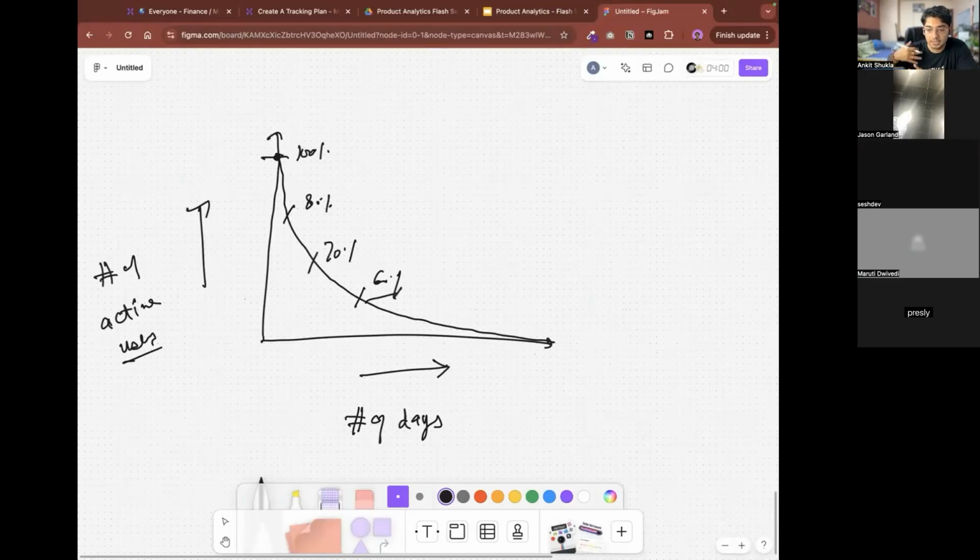Retention means how much you are able to retain your users. If you take the reverse of it, 100 minus retention, it becomes the churn rate. Retention actually means that users are getting recurring value from your product.